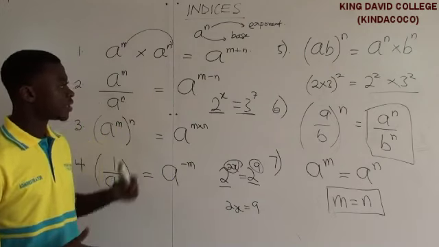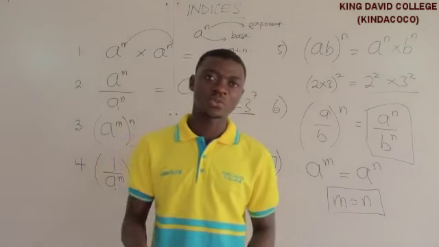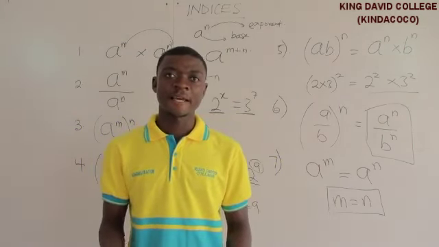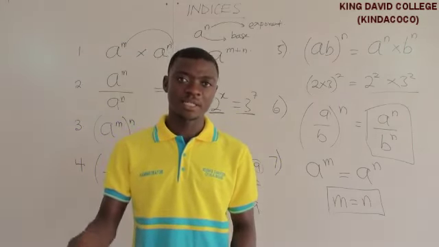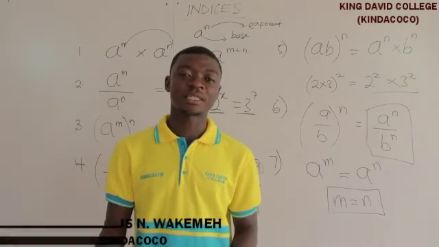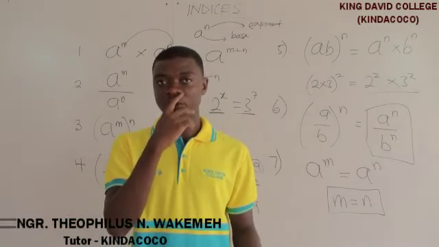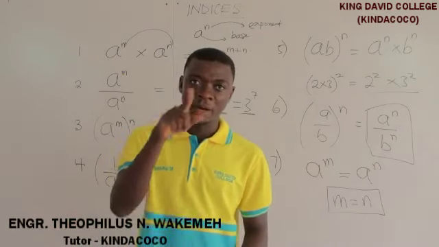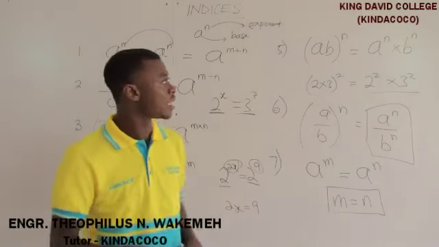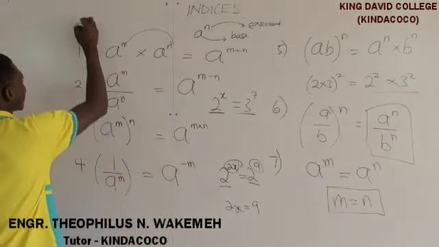Okay, good. So now, with the laws established and understood, let us proceed into solving some examples that have a combination of laws, that is, equations involving indices. But before I go there, there is one last law.